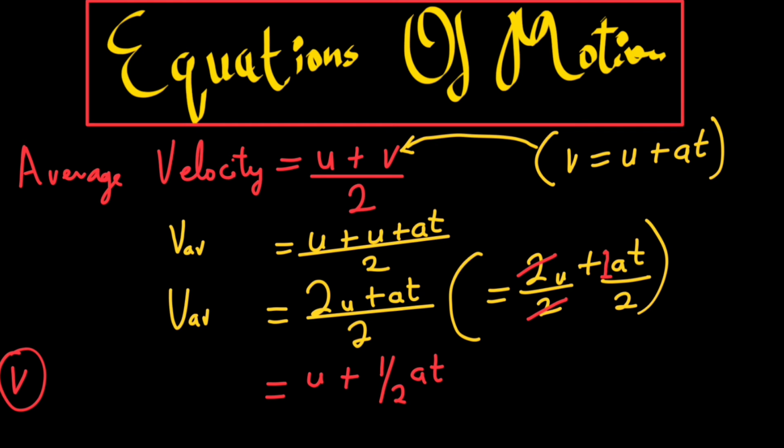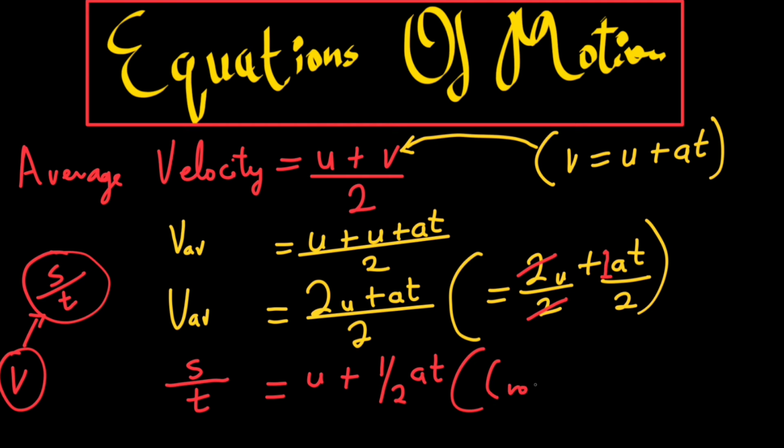Now this v, we'll just substitute. Velocity is displacement or distance over time, so we swap these: s over t. Then just one more thing you have to do here: you cross multiply.